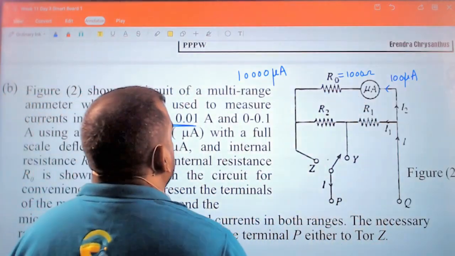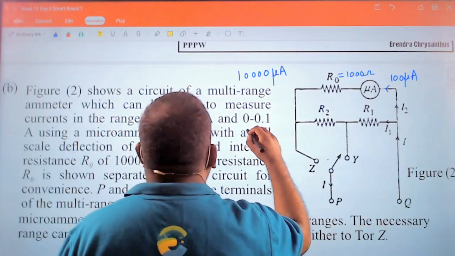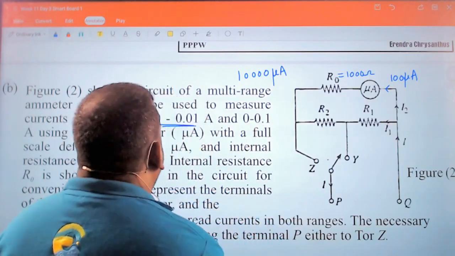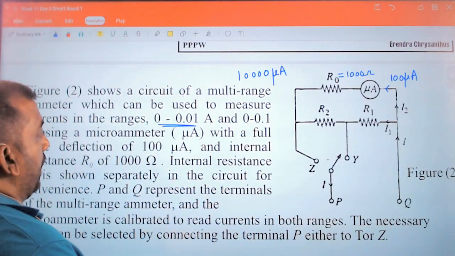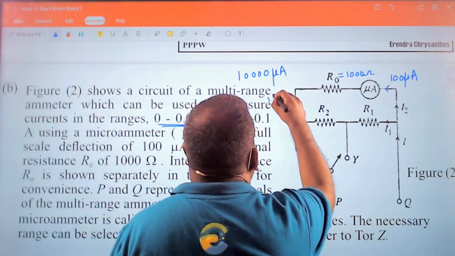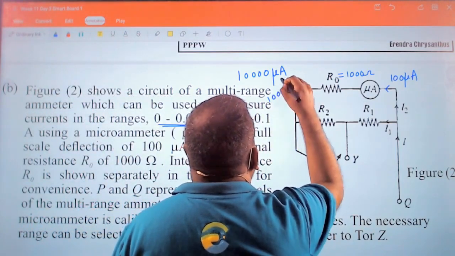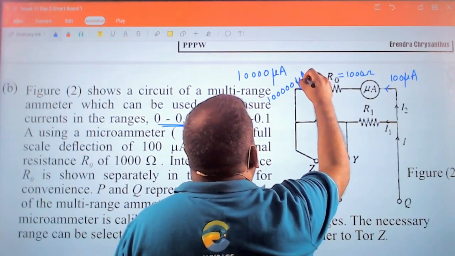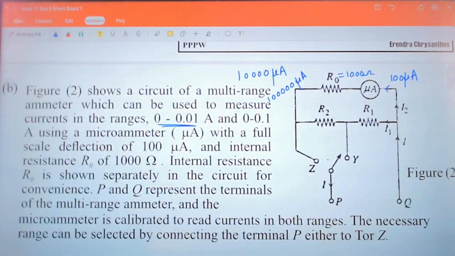Next one is how much? 0.1 amperes. How many microamperes? 100,000 microamperes. Right. One is 10,000 microamperes, the other is 100,000 microamperes. Okay.